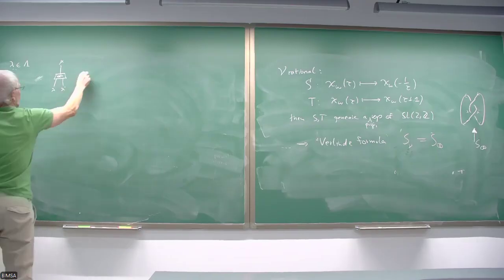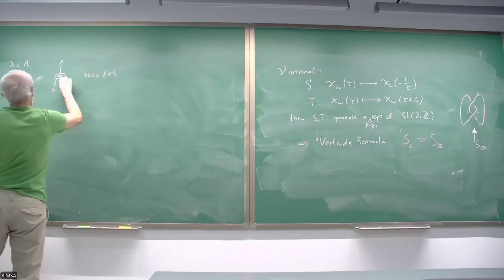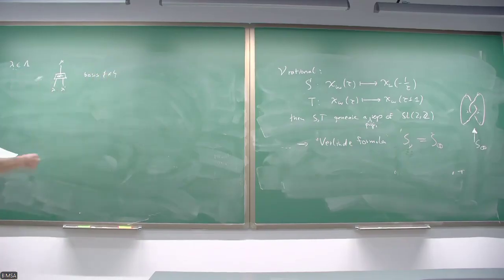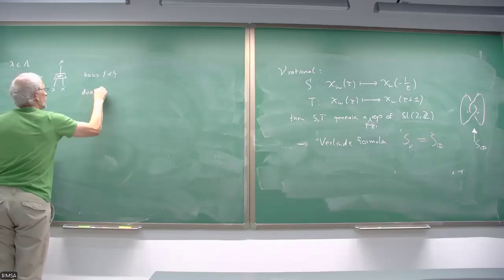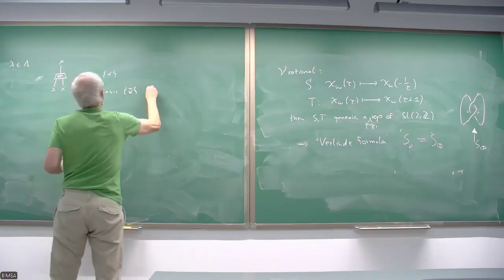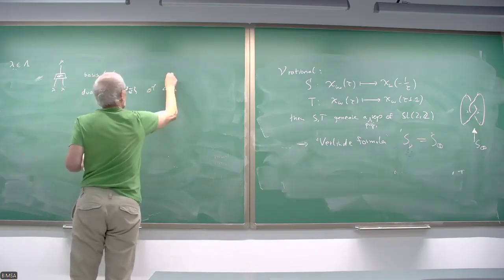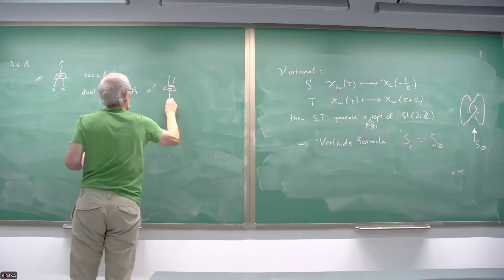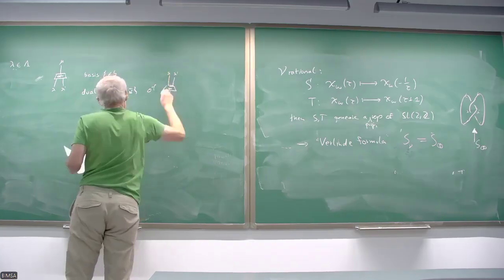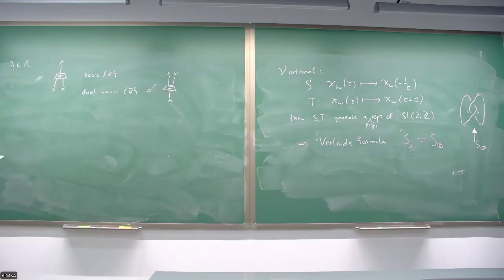Say with basis alpha of this morphism space and the corresponding dual basis denoted by alpha bar of the morphism space in the other direction. And of course, I should have labels lambda prime and mu, but I suppress them.